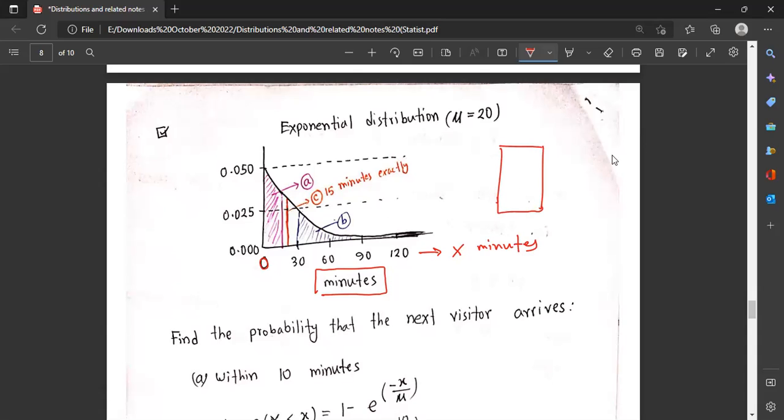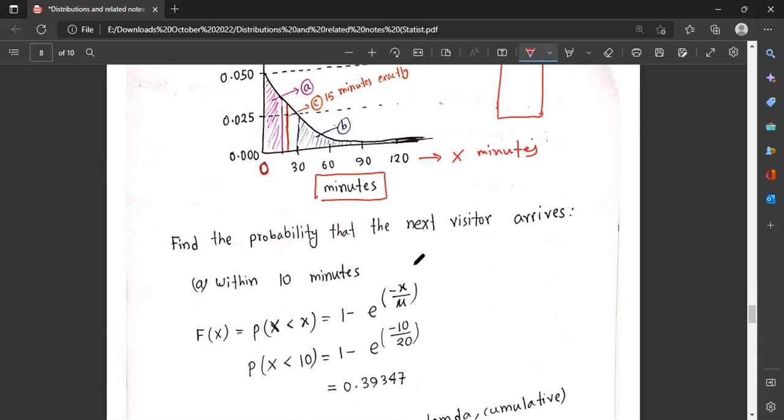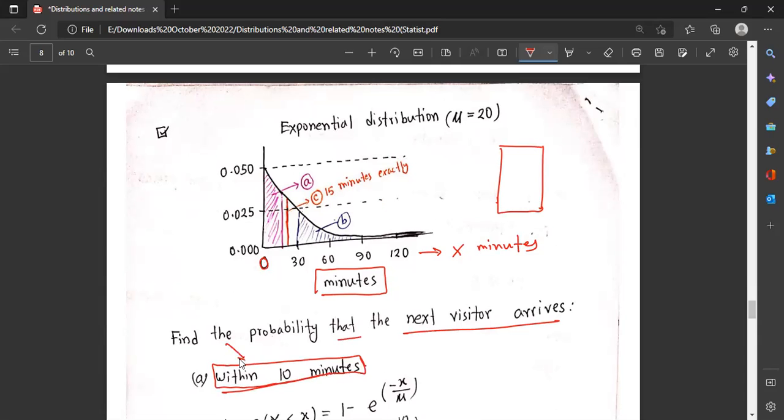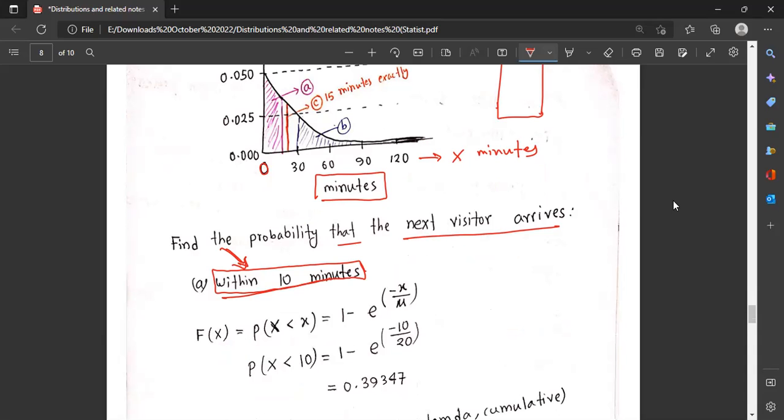The first question here is, find the probability that the next visitor arrives within 10 minutes. We are just interested in the time. As I mentioned above, in the exponential distribution we are interested in time.